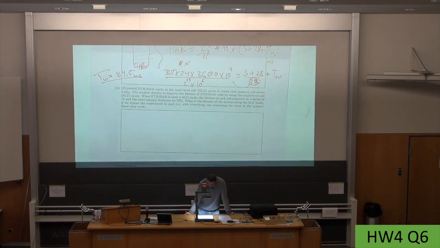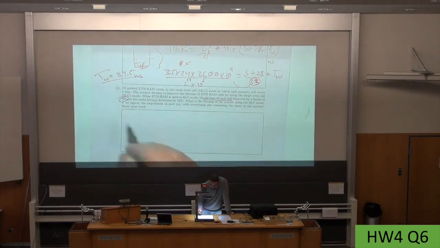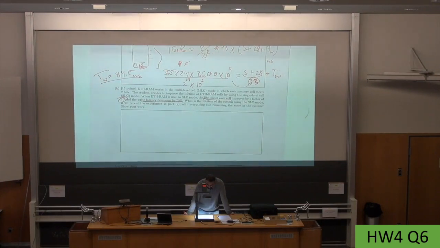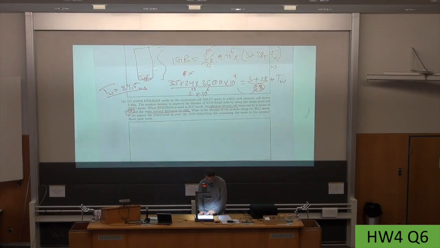And this affects the lifetime of each cell, and they improve it by 10x. However, this as well decreased the write latency by 70%. So now we need to calculate the same steps to get the new lifetime of this ETH RAM.